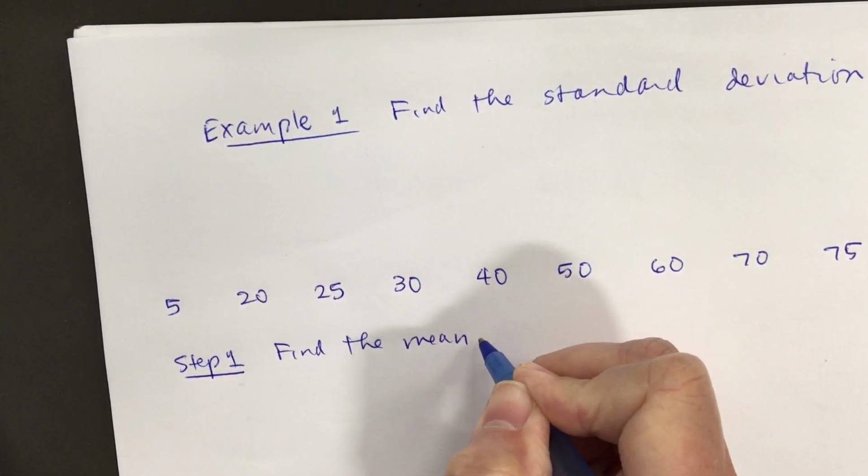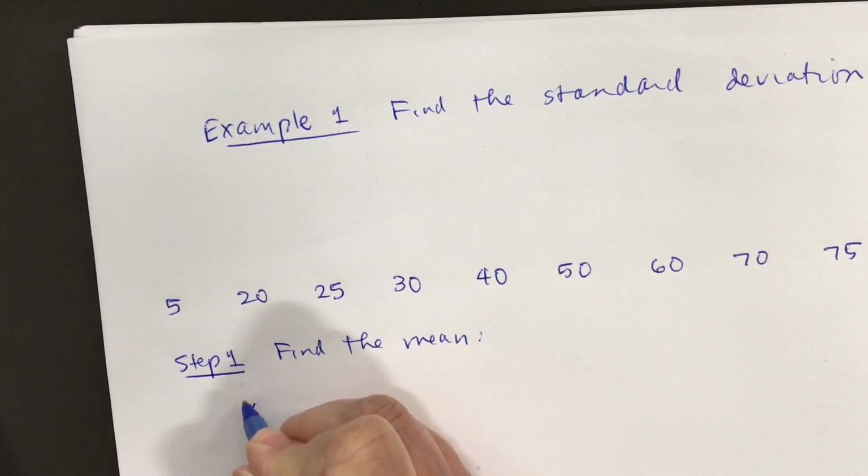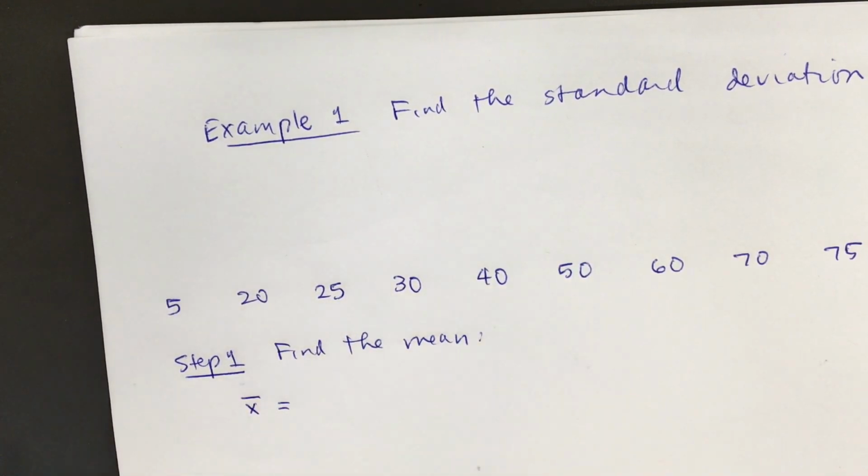This is what, in a statistics class, they'll call X with a line on top. It's not called X with a line on top. It's written X with a line on top. We read it X bar. X bar stands for the mean of a data set.